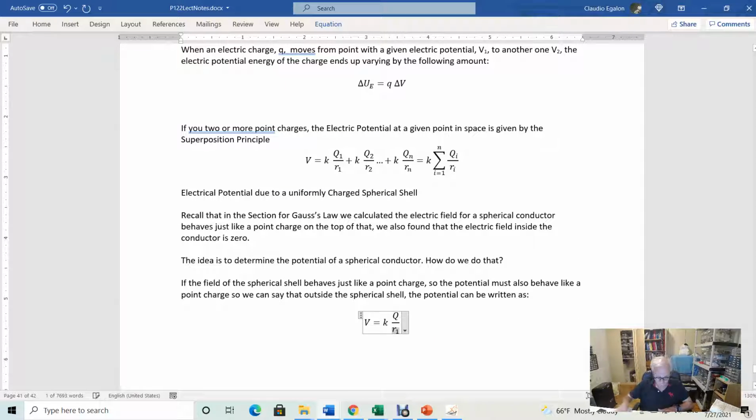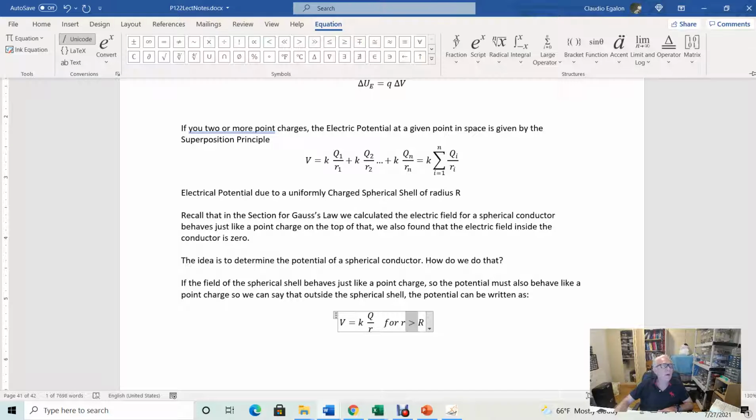This is the electric potential of the uniformly charged spherical conductor of radius R, for little r greater than R. I can even include equal, so the sign is not just greater but also equal.